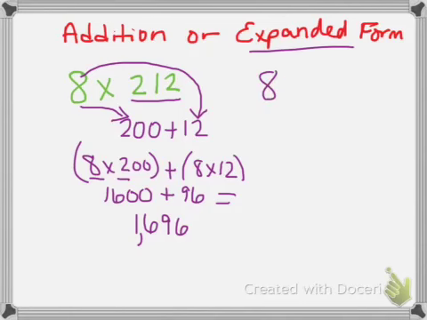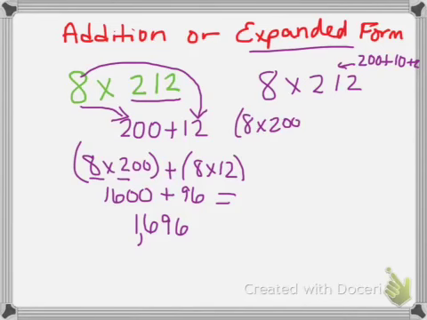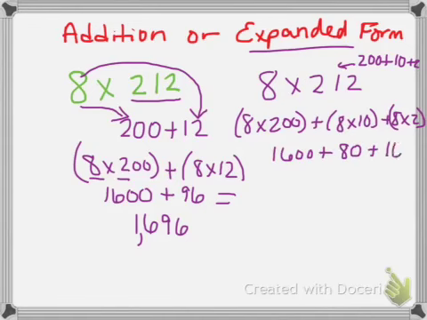The other way is to use the expanded form. If I have the exact same problem, I'm going to just take it like I would expanded form. So 212 in expanded form is 200 plus 10 plus 2. So 8 times 200 plus 8 times 10 plus 8 times 2. And this would be 1,600 plus 80 plus 16.